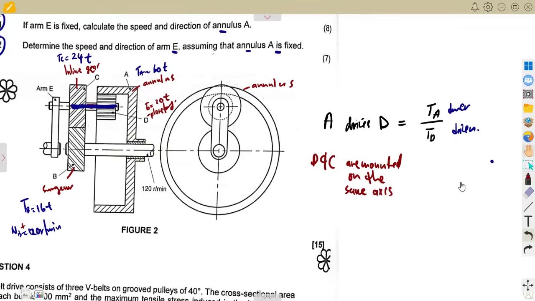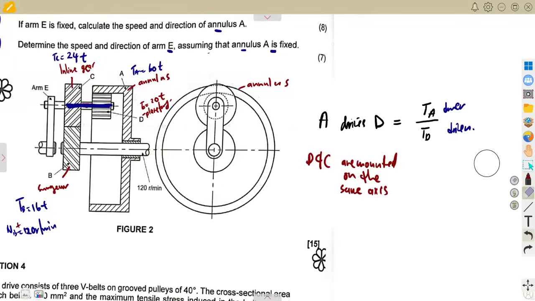It means that we are going to have the same speed for D and C. Meaning the speed of C is equal to the speed of D. That's what you're going to need. All right. Then let's move on to the other part at C. C is now driving B. So C drives B.